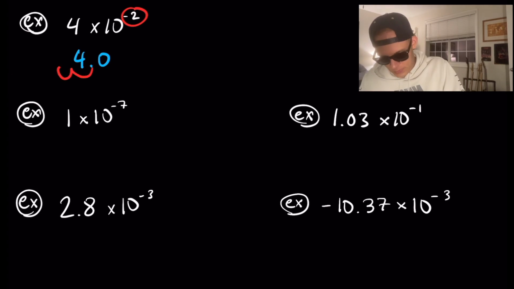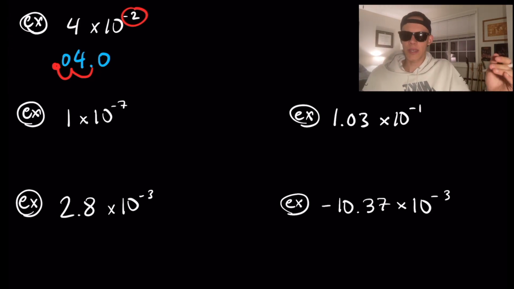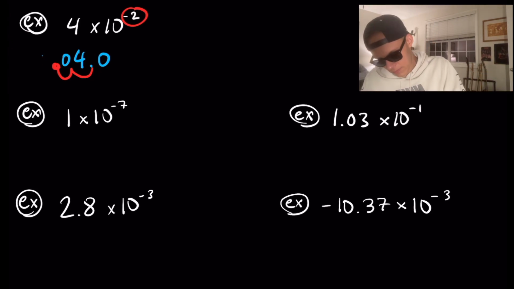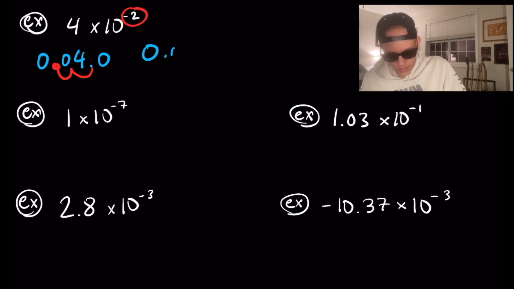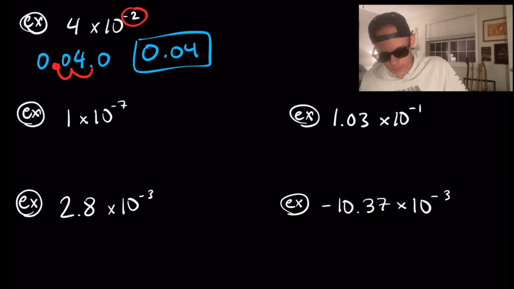So 1, 2, throw your decimal there. Put a 0 in those humps or saddles or whatever you want to call them, and might as well throw a 0 in front of that decimal. It's good practice. So standard form for this scientific notation expression is going to be 0.04.